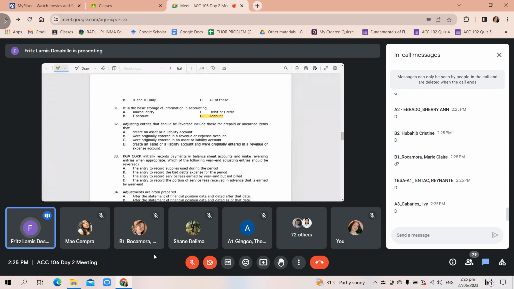So, ang gina-reverse lang nato again, balik ko nato. For prepaid and unearned, kay katulang originally entered as revenue. No? Kay kung prepaid under the expense method and unearned items under the income method.